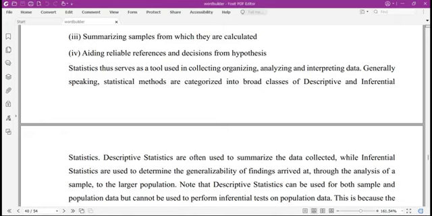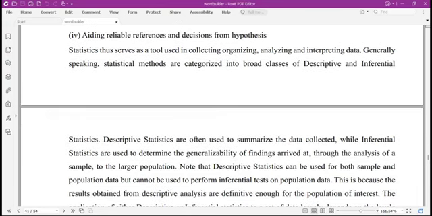Alright, descriptive statistics are often used to summarize the data collected. You use descriptive to summarize your data. You state facts. It helps to state facts from the summary of your data. While inferential statistics are used to determine the generalizability of findings arrived at through the analysis of a sample to a larger population.